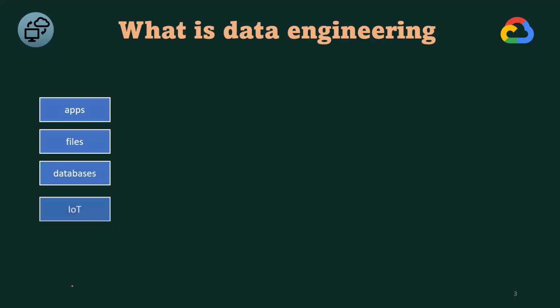You may have data coming from IoT devices such as sensor devices. These are all your possible data sources where your data is generated. So you have data coming from multiple data sources.